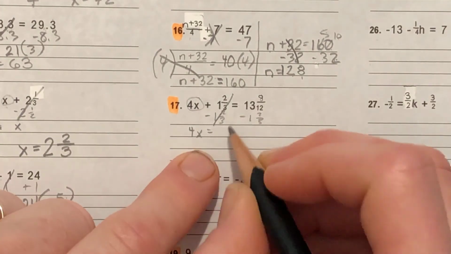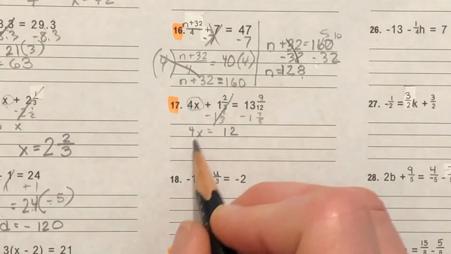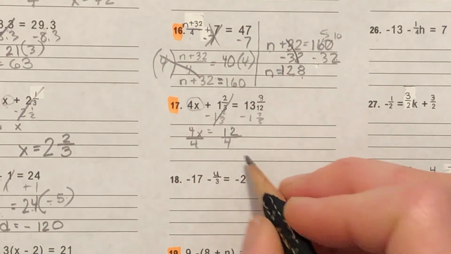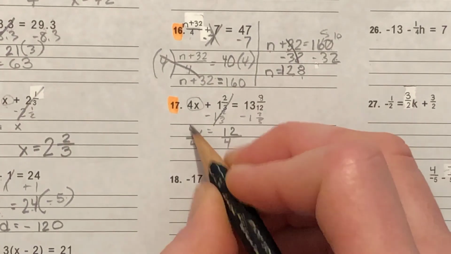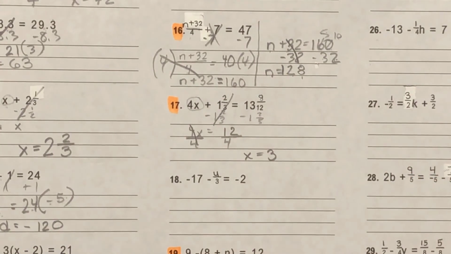So 4x equals 12. Now this is super easy. Divide both sides by 4. And then my x equals 12 divided by 4, 3. Ain't that nice?